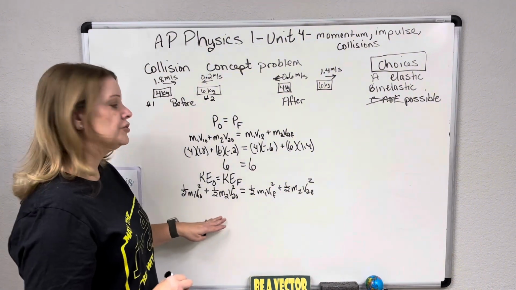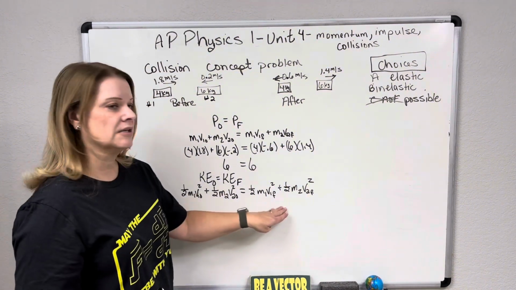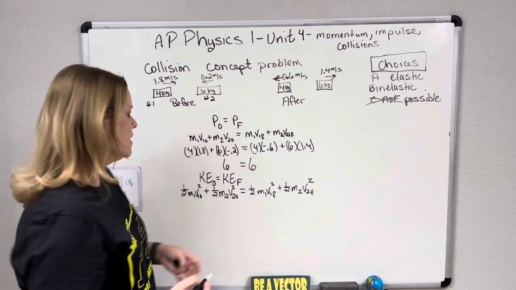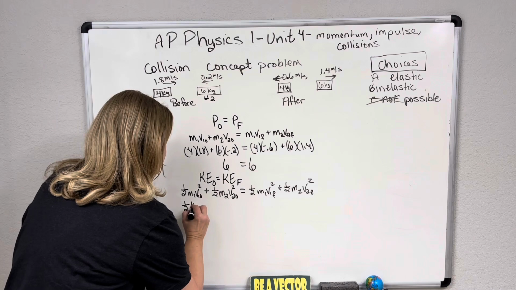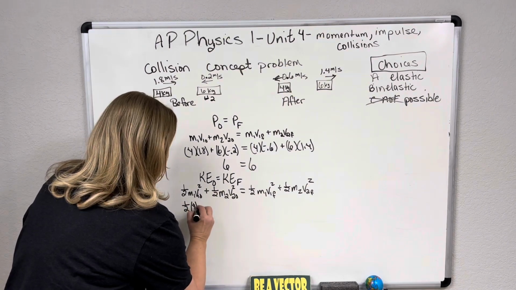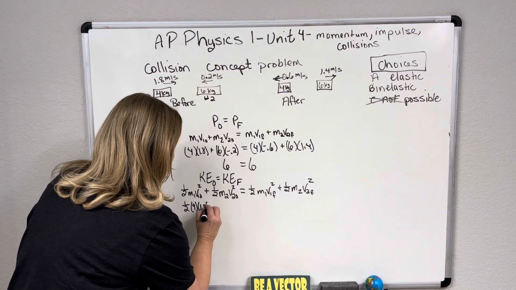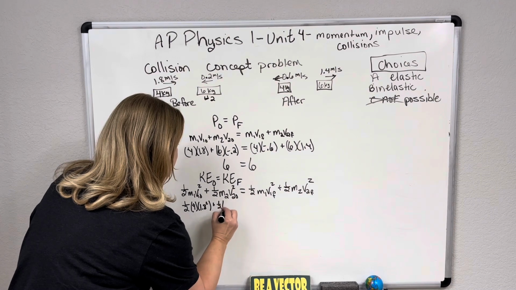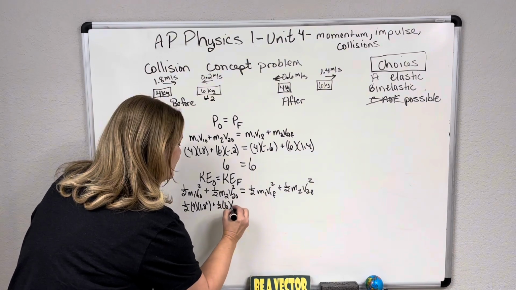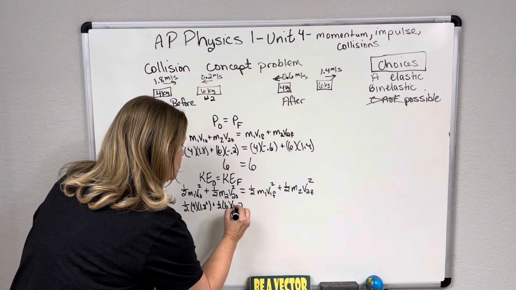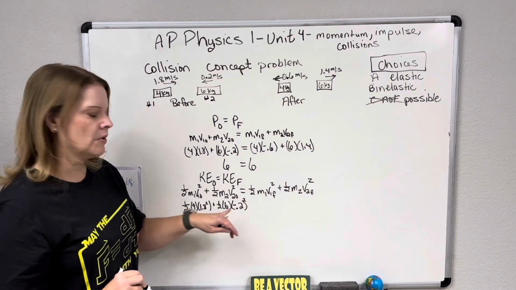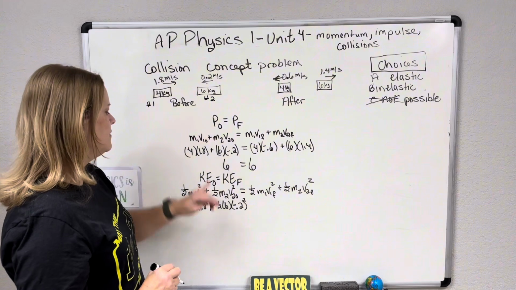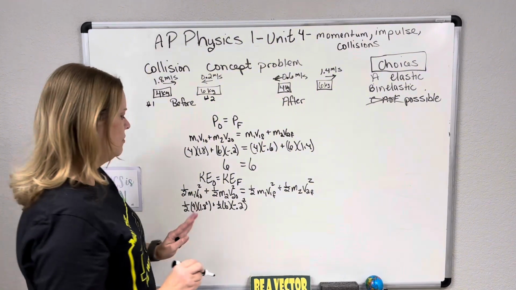Again, if it's conserved, that means the number on this side is going to equal the number on that side. Now I have 1/2 M1, which is 4, times V1, which was 1.8 squared, plus 1/2 of the 6, and that is a negative 0.2 squared. Don't forget the squares. It's really common to forget your squares on this. And it's just the velocity that's squared, not the whole thing.